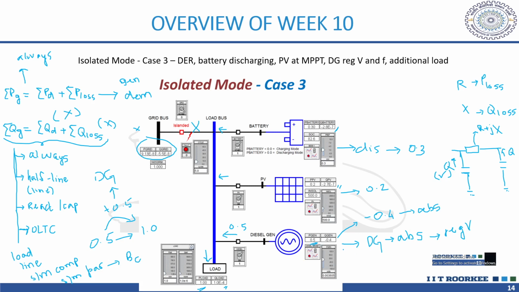So, absorbing this, can you comment upon the system condition in terms of voltage? If we don't absorb this much amount of power, what will happen at this bus?